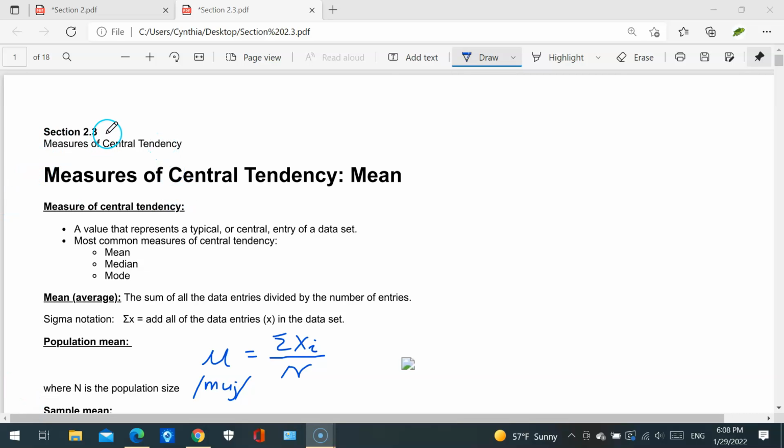Section 2.3 is measures of central tendency.